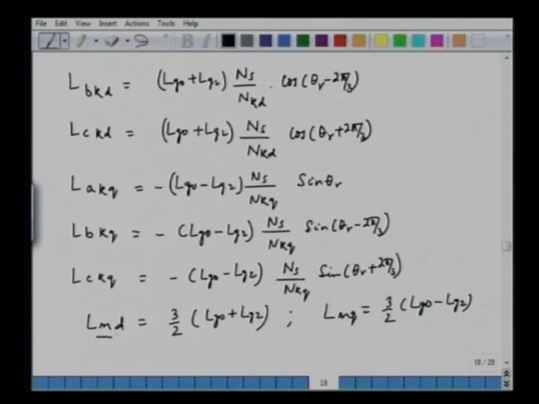Now, this Lmd and Lmq can be obtained by suitable transformation. So, these are the mutual inductances, and it looks a little complicated because this is a function of theta r. Now, when we transform this inductance into the rotor reference frame, the 2 axis rotor reference frame, we will see that these inductances will be independent of theta r.